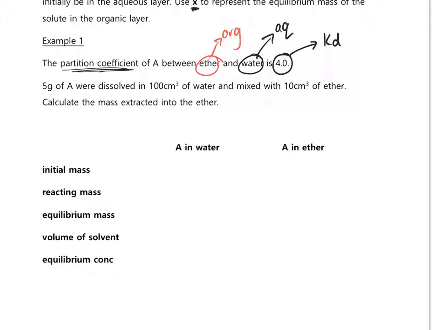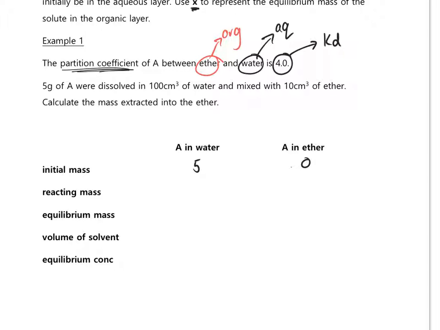What we can see is that initially we have 5 grams of A dissolved in 100 centimetres cubed of water. The initial mass of A in ether is going to be 0 because it is originally just all dissolved in water. How much of it will move into the ether layer?